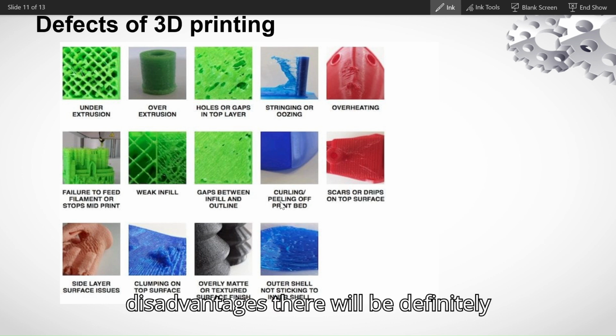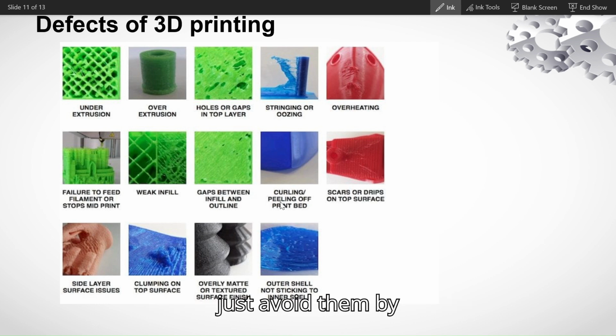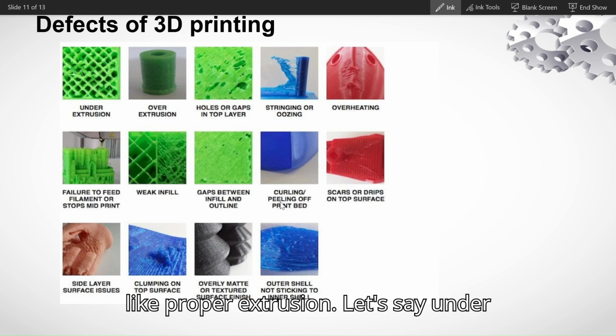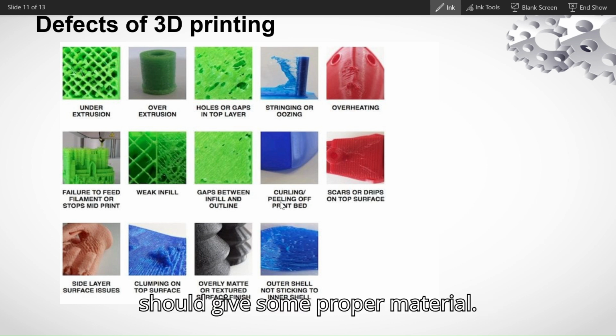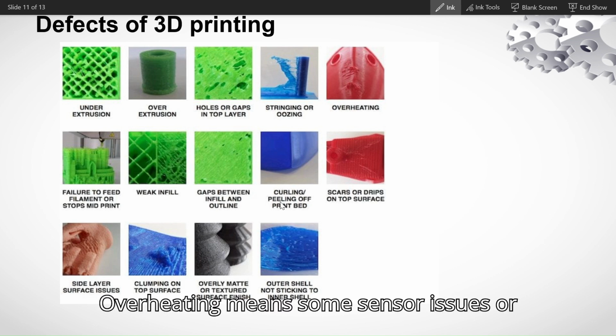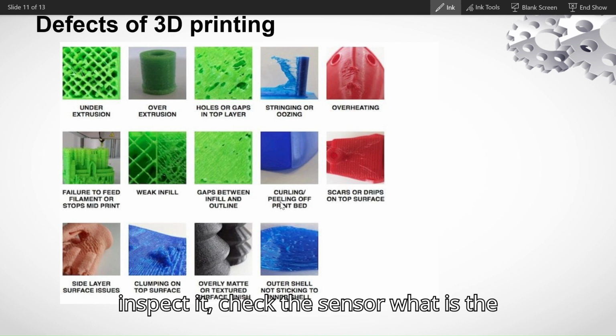But we can avoid them by properly controlling the 3D printing process, like proper extrusion. Under-extrusion means some material is lacking, so we should provide proper material. Overheating means there may be a sensor issue, or the sensor might not be working, so we should inspect and check the sensor.